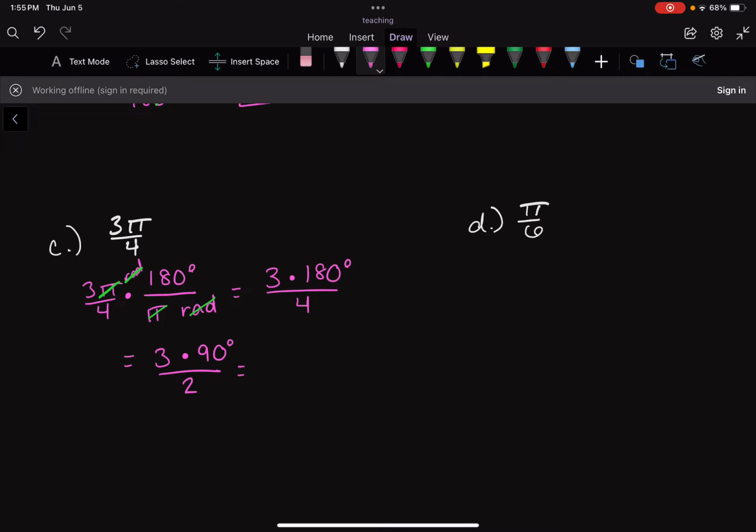Now 90 can also divide by 2, so I can do 3 times 45. And again, this is degrees. Then 3 times 45 would be 90 plus 45, so that should be 135. So that's our answer.